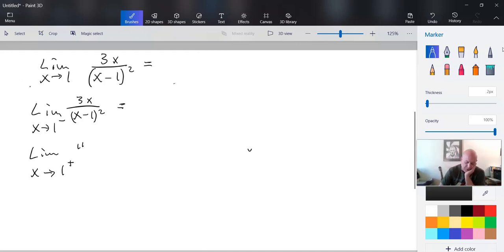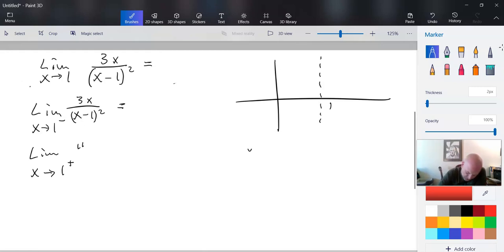Okay, so if we come in from the left-hand side, we have the same kind of deal again, right? So here at 1, let's look at what happens on the left. If I plug numbers in that are just a little bit less than 1, what I get up here in the top still is positive, right? Because really you only have to consider the ones that are really close to 1.